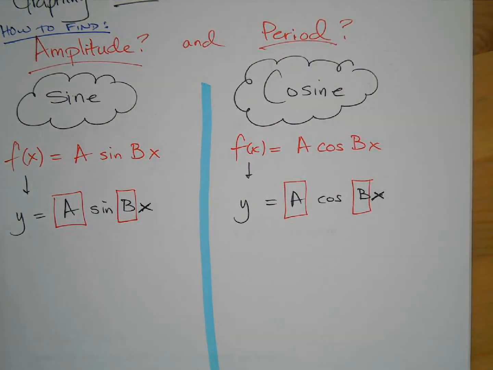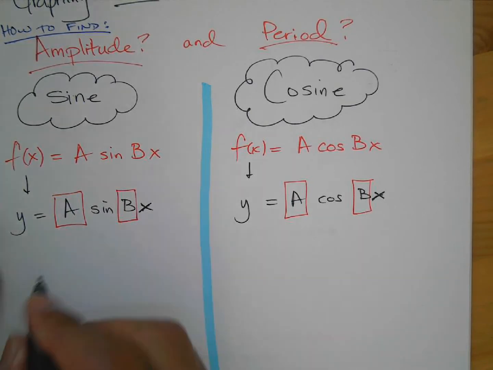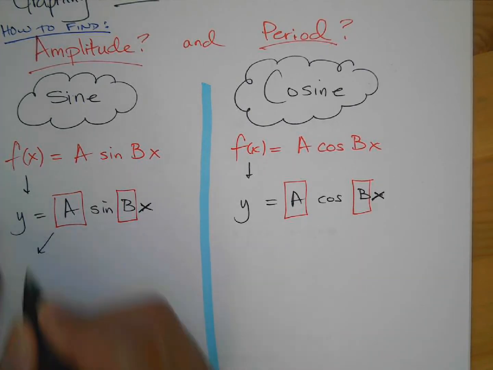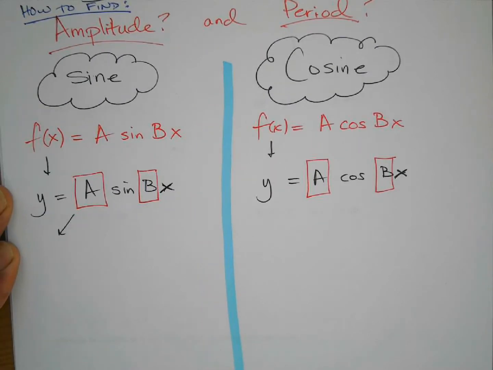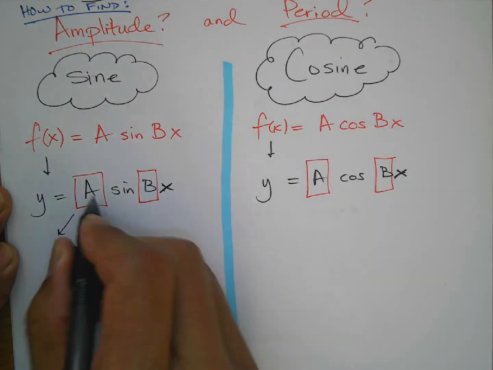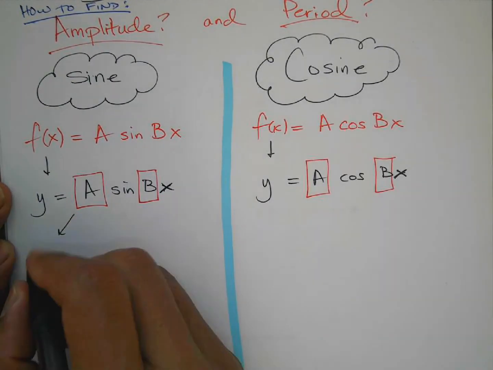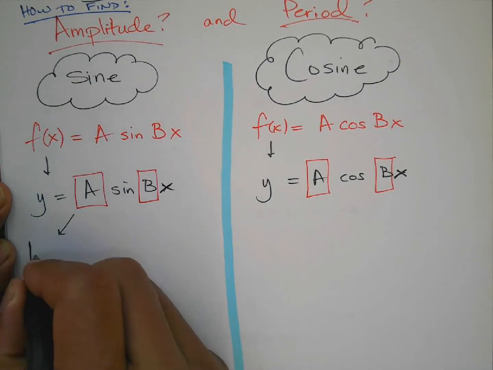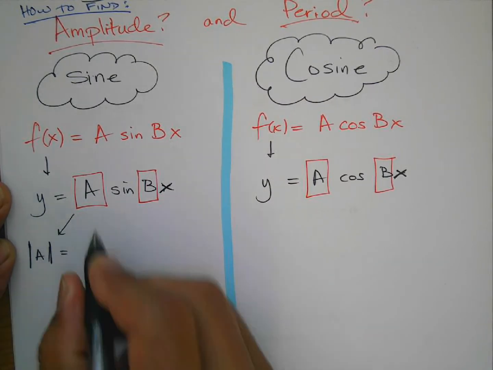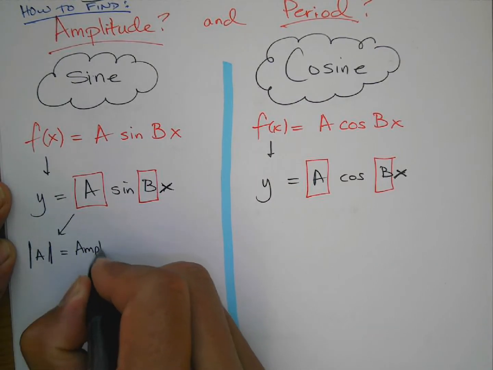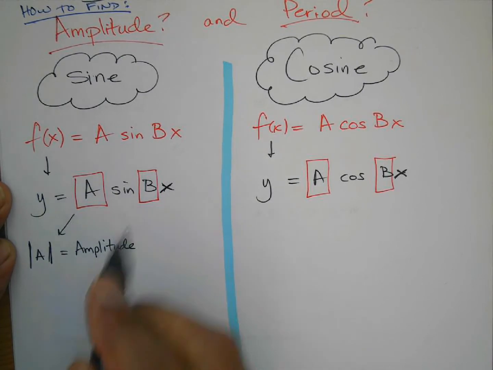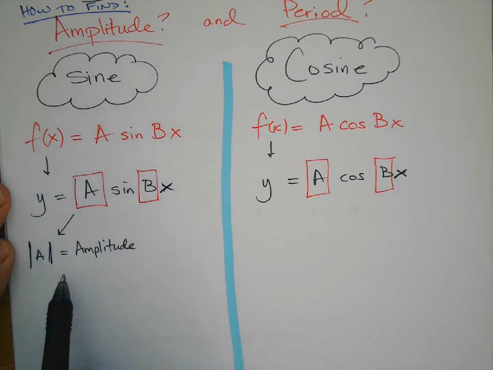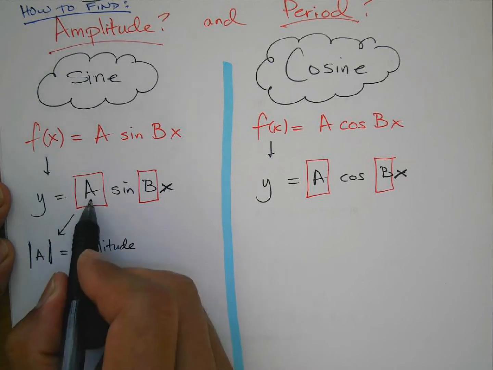And I'm going to tell you now, whatever number is there for a, whether it's positive or negative, the amplitude is always a positive number. So the absolute value of a is the amplitude. If you got a 3 here, the amplitude is 3.